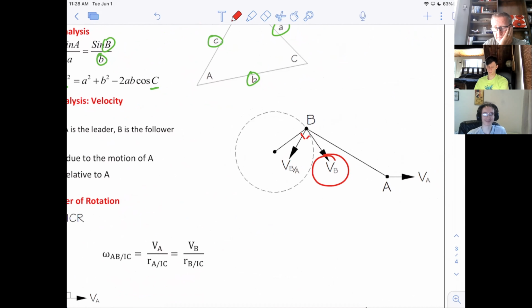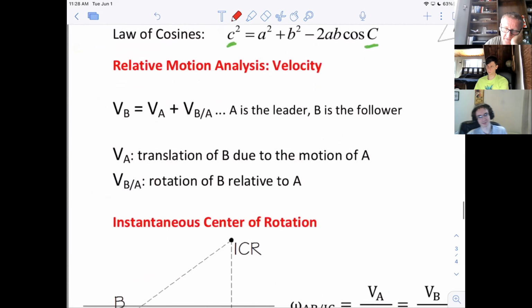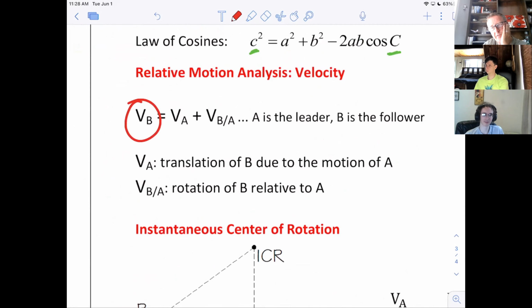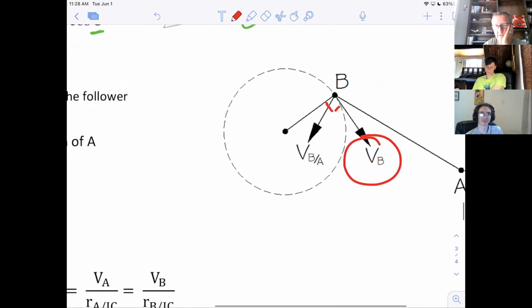So don't forget about that. If the problem is asking what's the velocity of B, I know what velocity of A is, it's 5. What's the velocity of B? The answer to that question is perpendicular to the rotation of the circle, because those two things aren't happening separately. It's simultaneous. It's not like it slides to the right and then rotates down and slides to the right and rotates down.